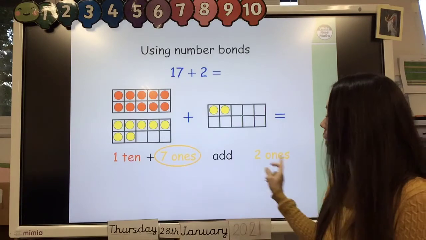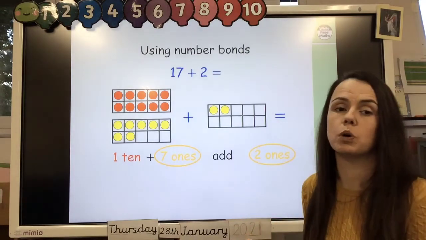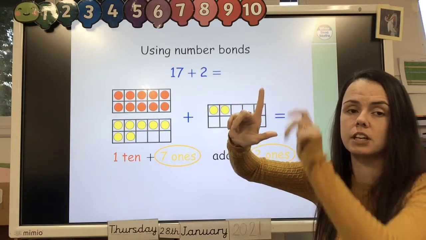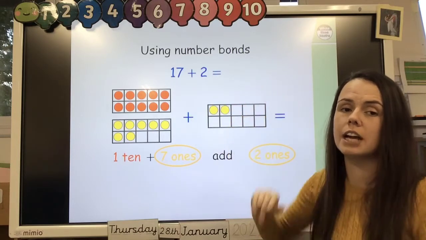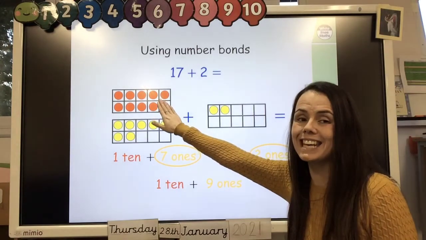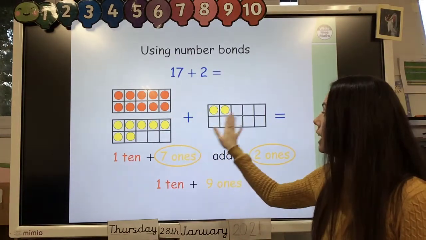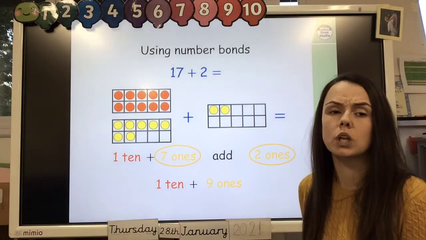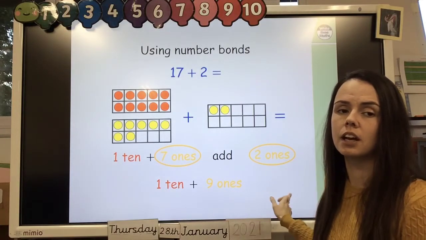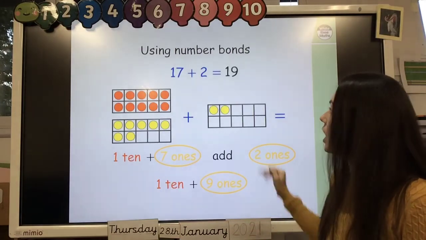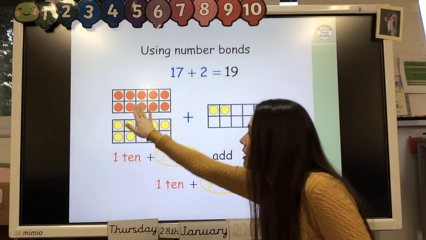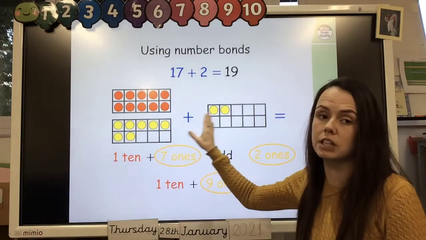And 2 add on to 7 is what? 7 in our head, 2 fingers, 7, 8, 9, fantastic. So that makes 1 ten and 9 ones. What does 1 ten and 9 ones make? 19. Fantastic, because we had our single red 10 and our 9 ones all together.